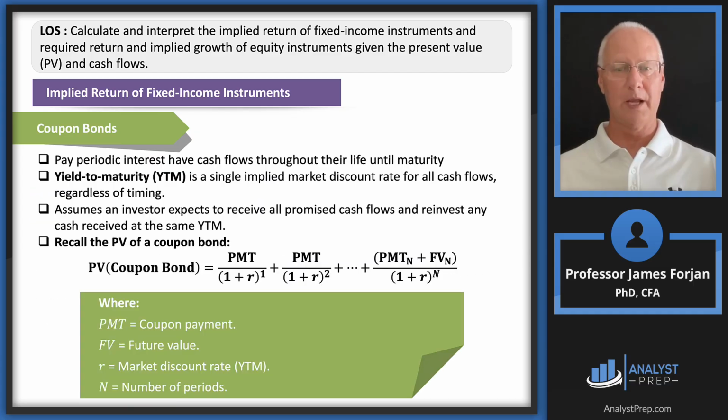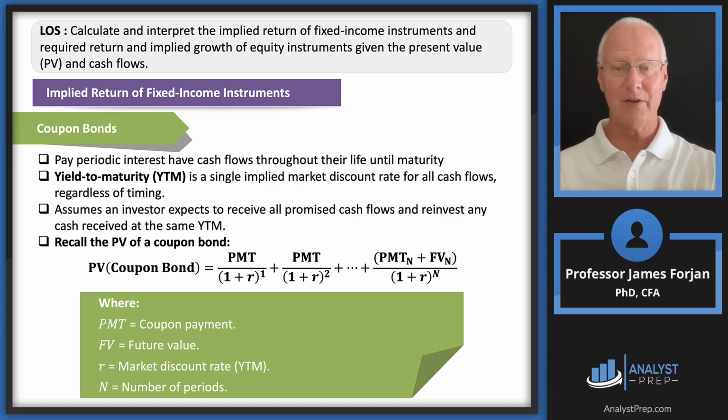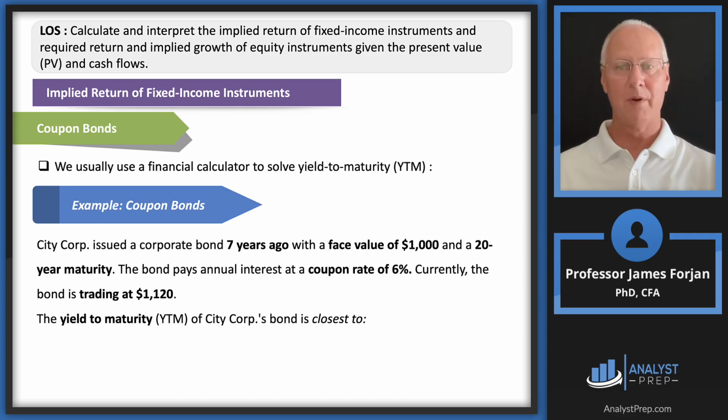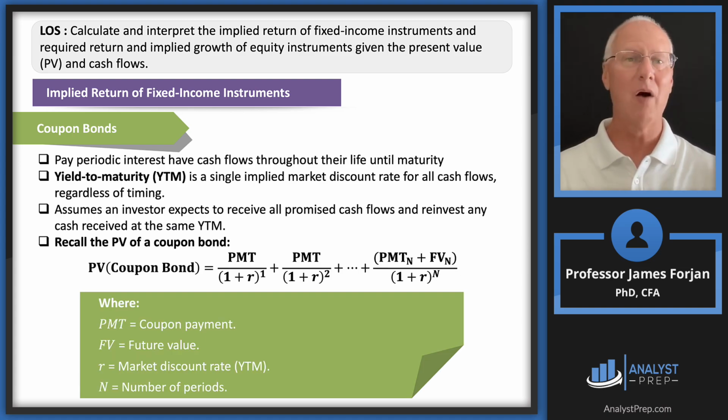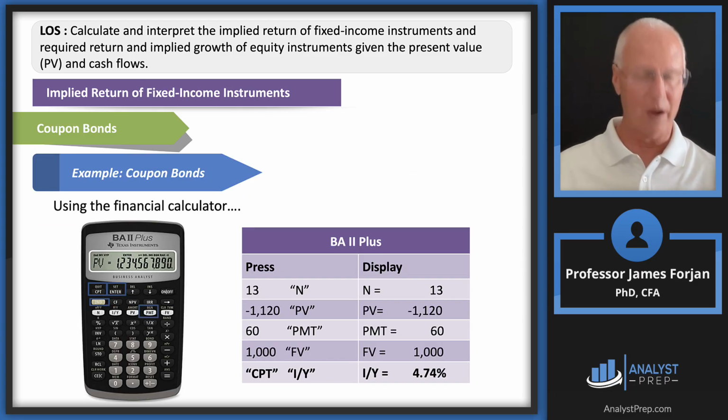What we could do is we could come back here and we could guess. We could throw in an R in the denominator and work this out in our calculator. And if the present value turns out to be 1120, well, then we know we guessed right. But how many times are we going to guess right, especially on a CFA exam? The answer is never.